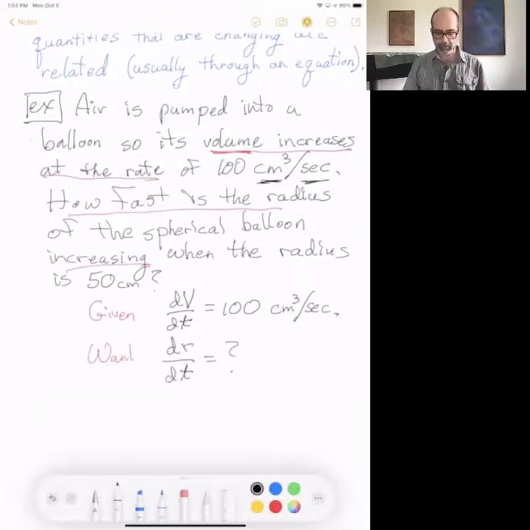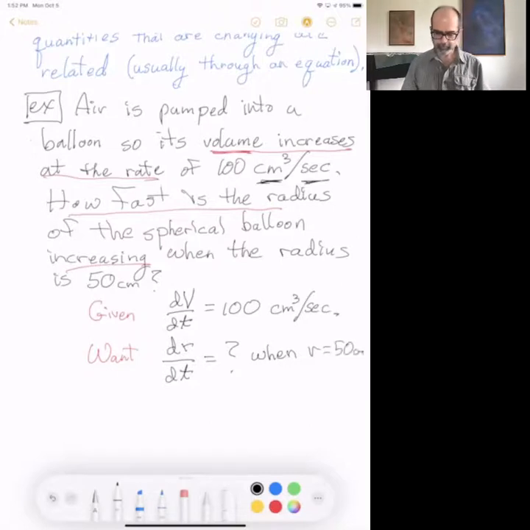We're asked for it, so I'm just going to put a question mark. You don't have to put a question mark. You could just say, I want something or other. And then it says when it's 50 centimeters, so you can say r equals 50 centimeters.